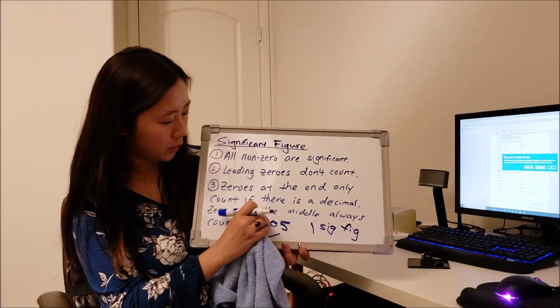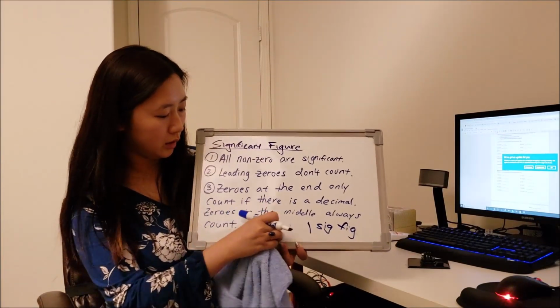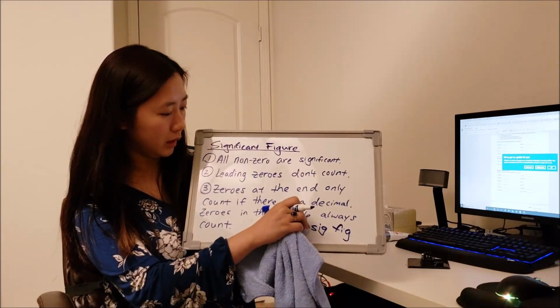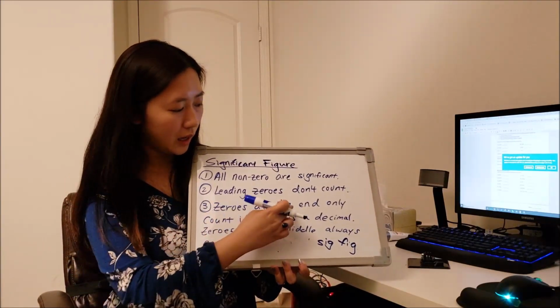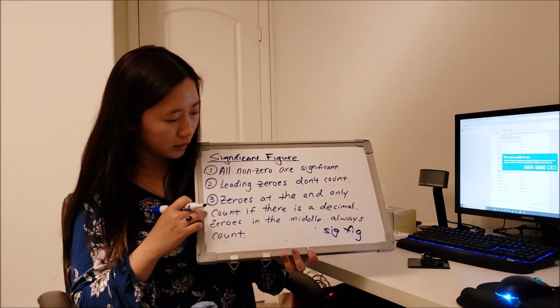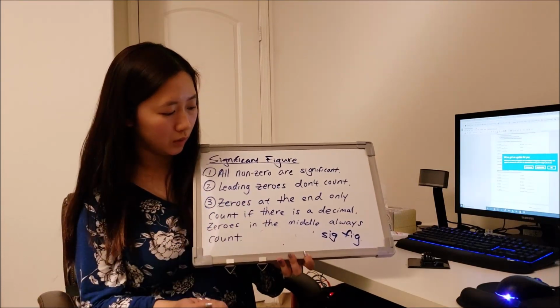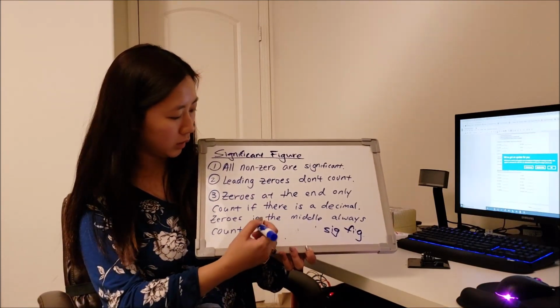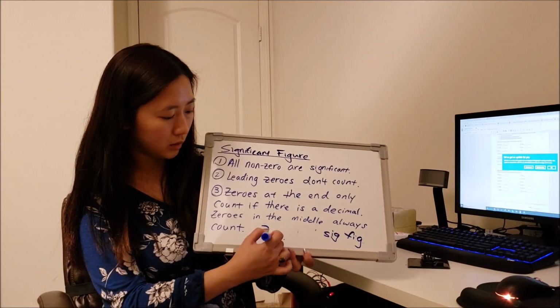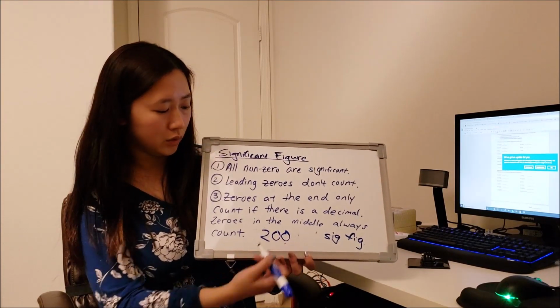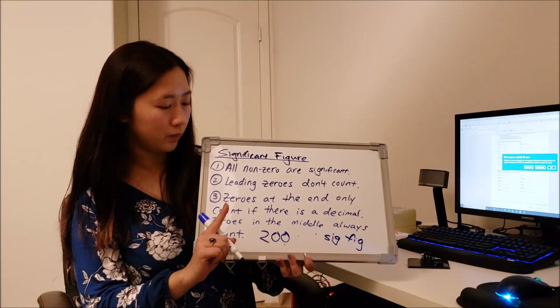Alright, so let's move on to rule number 3. Rule number 3 says zeros at the end only count if there is a decimal. So in the beginning we talked about 200 and how there's only 1 sig fig.